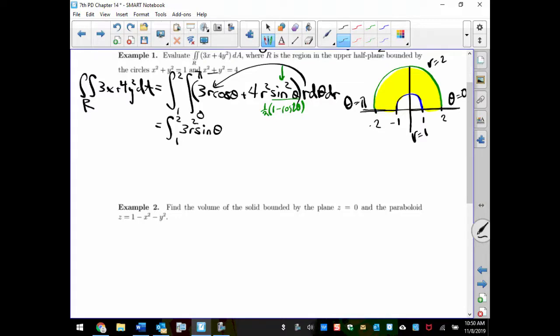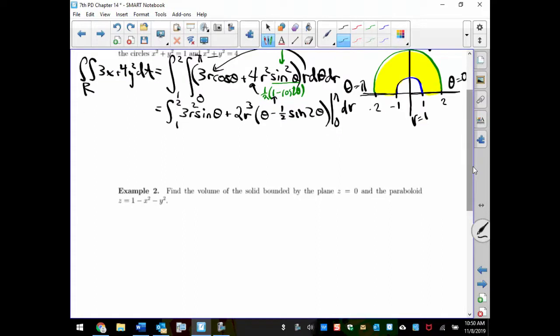Next is plus 4 divided by 2, which is 2, times r cubed, and then the antiderivative of 1 is theta, and the antiderivative of minus cosine 2 theta is minus 1/2 sine 2 theta. And the r I distributed already. That looks good, from 0 to pi is what we want to evaluate, dr. Everything looks good there to me.